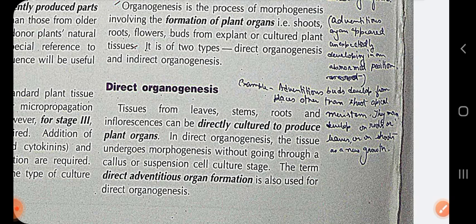Directly, the explant will morphologically change to form the adventitious organs of the plant, the desired adventitious organ that we want, like shoot from that explant or root from that explant, or the other parts as well.